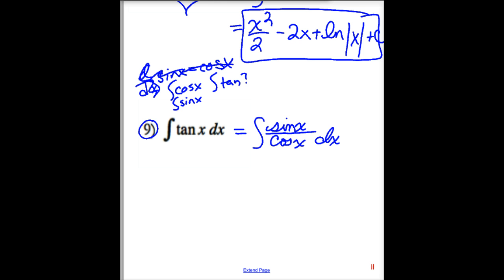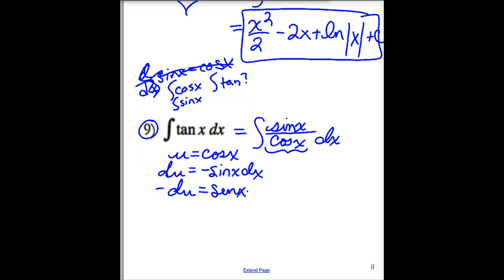And when I go to the bottom of the function and I consider that my u, then my derivative is the top of the function. It's a multiple of it, but that's all I need. So if I have negative du is actually sine x dx.